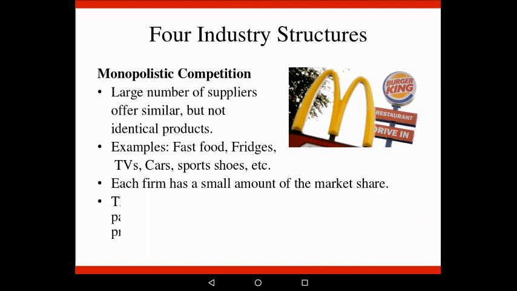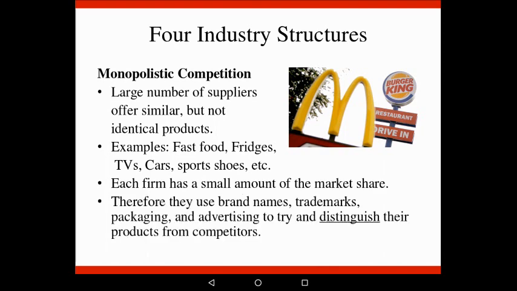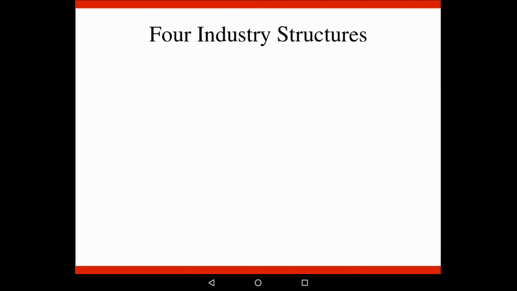Each firm has a very small amount of market share, and therefore they use things like brand names and trademarks and packaging and advertising to try and distinguish their products from competitors, and most marketers will go into the industry and work for a company that functions in a monopolistic competition environment. Okay, because that's where branding happens, and that's where advertising happens. It's in this industry.